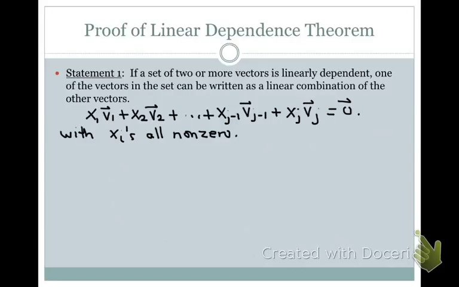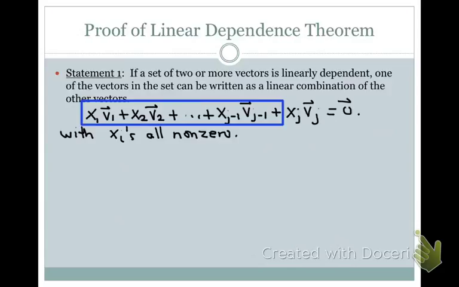Remember that my goal is to get the jth vector written as a linear combination of the other vectors in the set. So what I'm going to do is take all of these vectors on the left-hand side, other than the jth one, and subtract them from both sides of the equation.